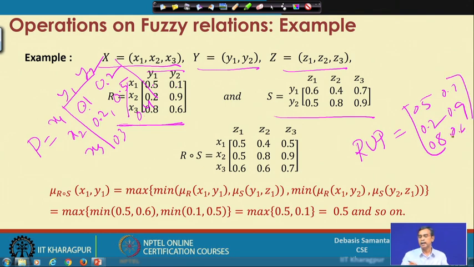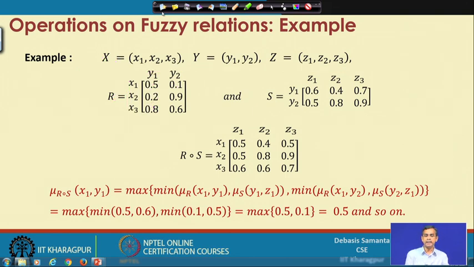This is the relation obtained from the union of the two relations R and P. You can note that R union P is the same as P union R, that means they hold the commutative property.